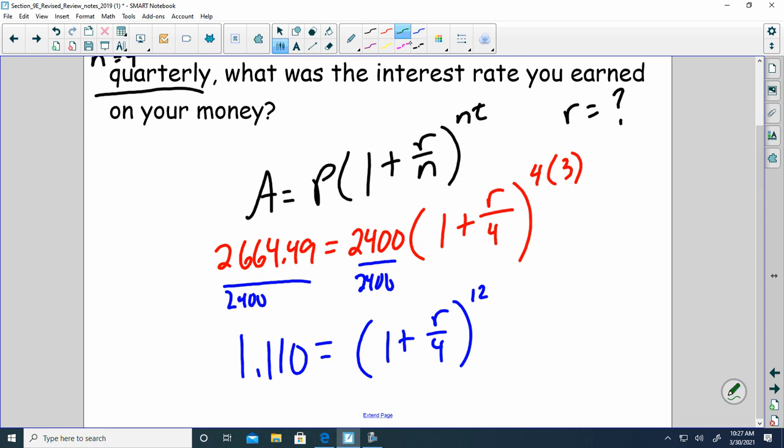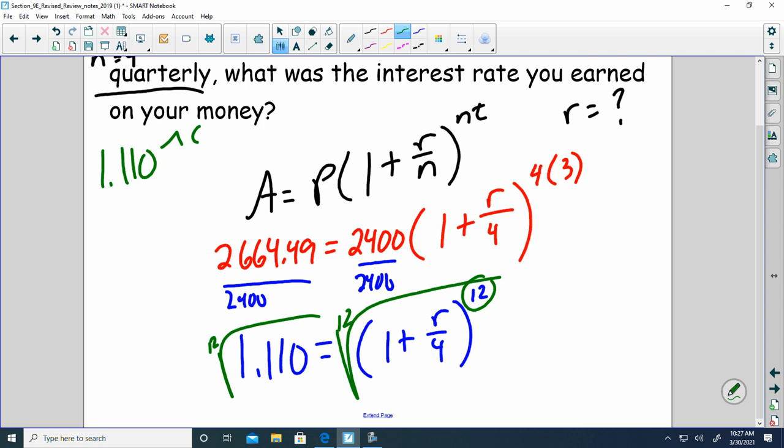How should I undo this? Oh, yeah, 12th root. I want to take the 12th root of both sides. Now, I know that you don't necessarily know how to find the 12th root, but this would be the same thing as the 1.110 raised to the 1/12th power. That's how you find the 12th root.